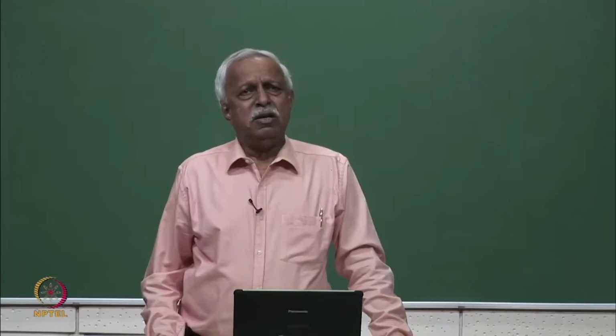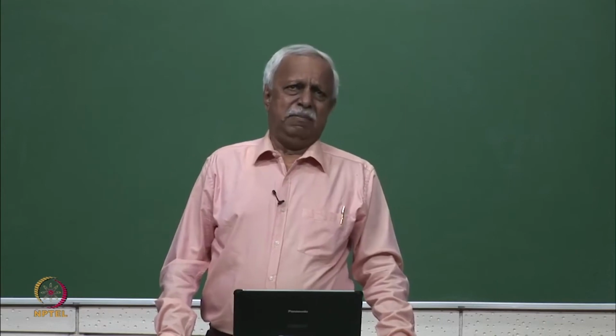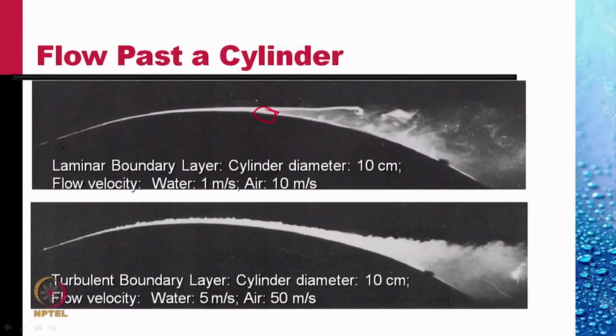But for the moment, you assume that outside this thin layer, which is shown with white smoke in this flow about a cylindrical surface, all the variations of velocity are confined within this region. Outside this region, the flow is non-viscous. In the picture below, when the water velocity is increased 5 times, or the Reynolds number increased 5 times, you see this boundary layer is now turbulent.